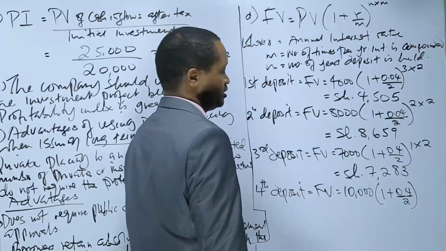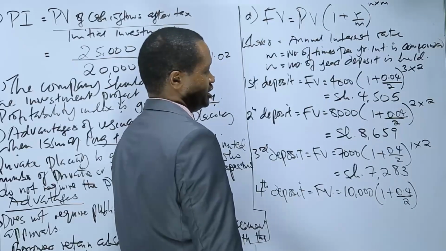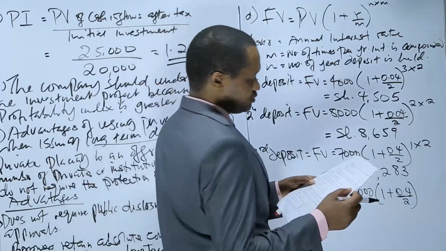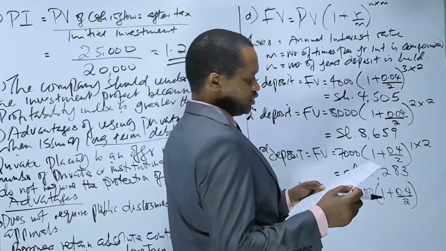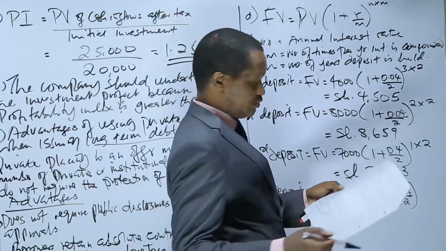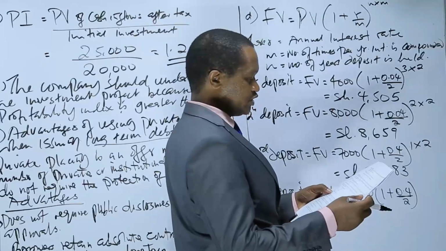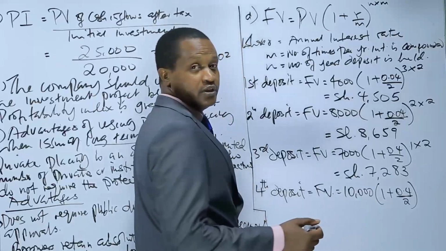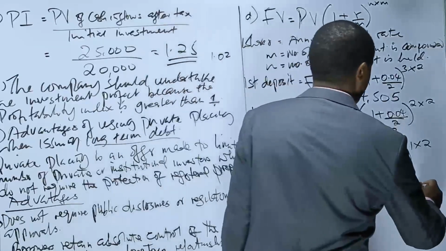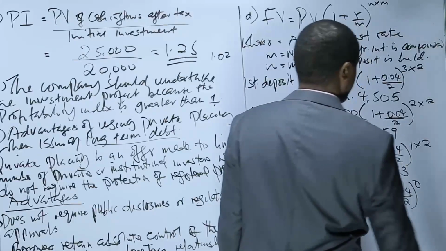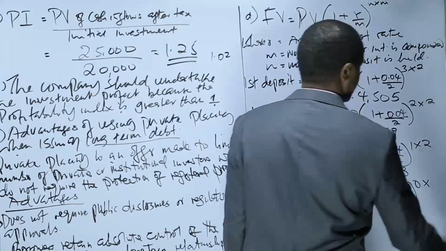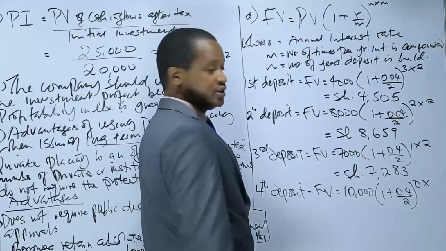This money was in the bank for how long? This money was deposited at the end of year 4, and we are doing the valuation at the end of year 4. So we'll have it at 0. The money was in the bank 0 years, times 0 years times 2.